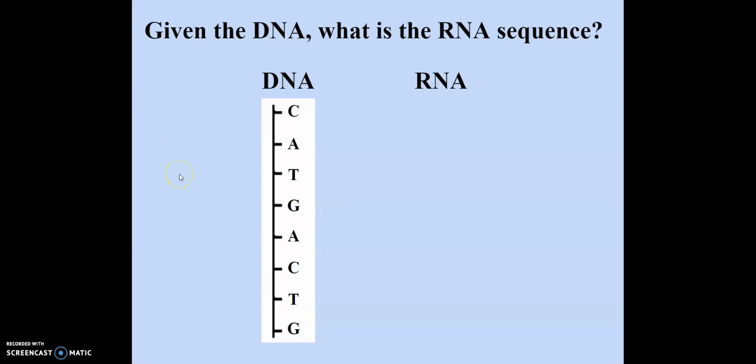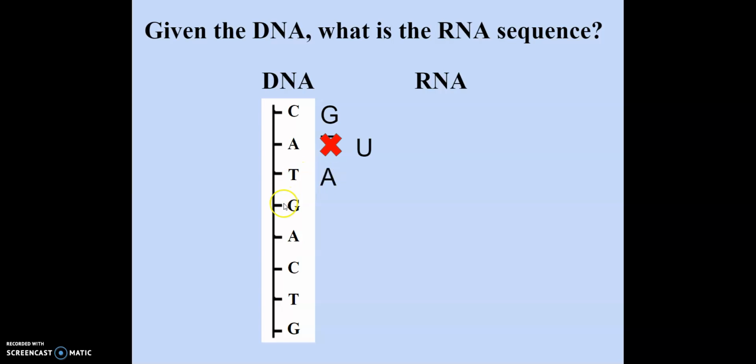So given this DNA sequence, what would be the RNA sequence? Well, first we're going to have to find the complementary pair. So C is going to match with G, which we're going to see in the RNA, correct? Because G is present in RNA. A goes to T, but we don't have any T's in RNA, so we're going to take that T out, and it's going to be a uracil instead.